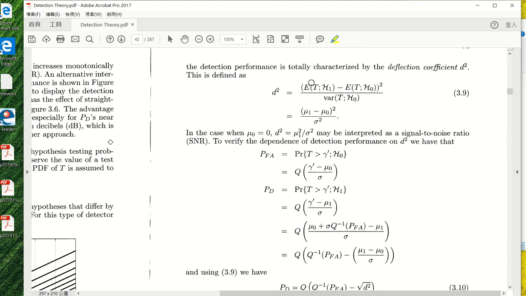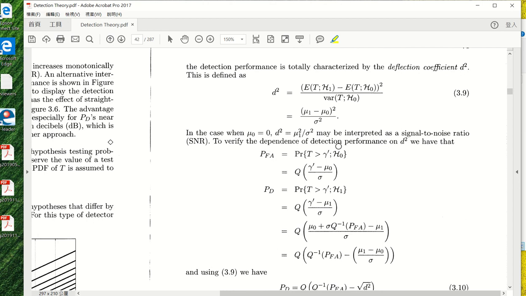It's E of this minus E of this, squared, over variance of T conditional on H0. So it will be mu1 minus mu0 over sigma square. In the case when mu0 is 0, then it will be like that. It will be interpreted as a signal to noise ratio.